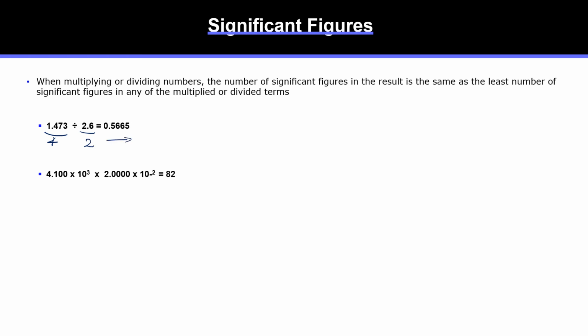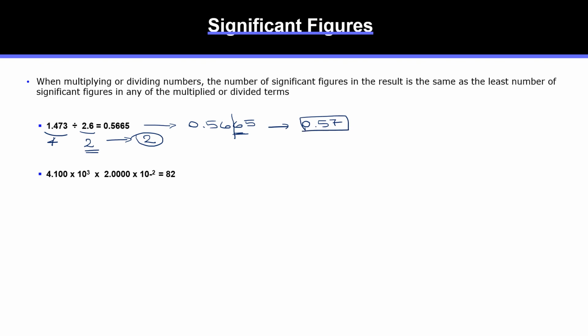So we need to show the answer with 2 significant digits because it's the smallest number. So in this case, we have to get 0.5665, chop it with 2 significant digits, and see which is the first digit that we have after we cut the number. So in this case, the answer is going to be 0.57.